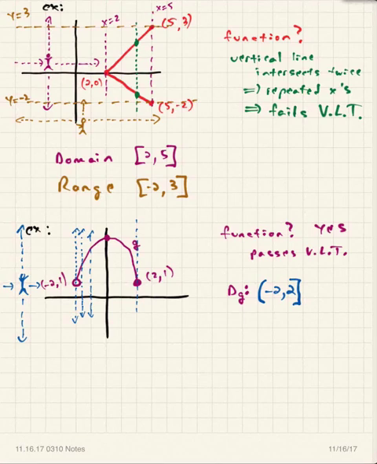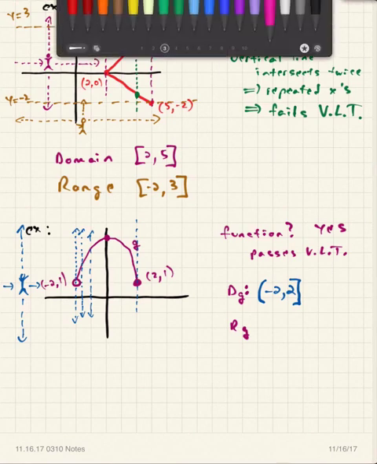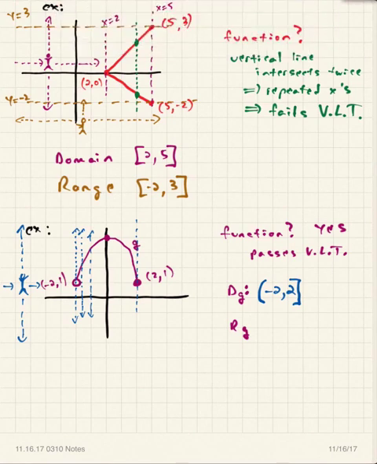And then the range on g, we do the same thing, but now we're looking at a horizontal line. So we are climbing up the y-axis, and we're looking left and right. The question here is, do I see the graph at y equals 1?